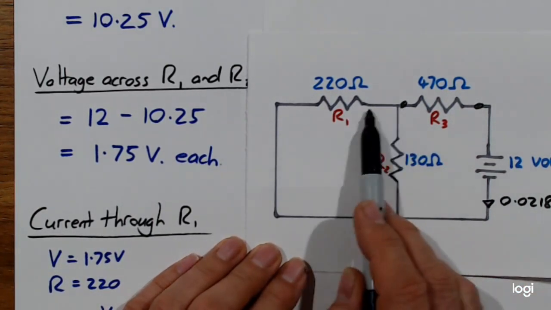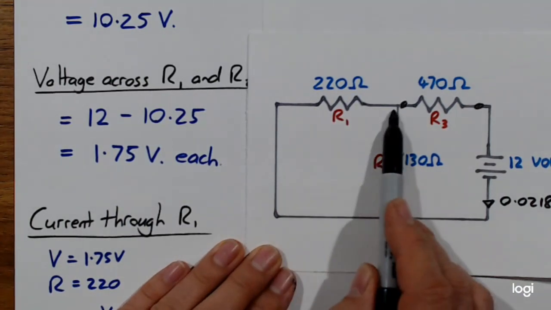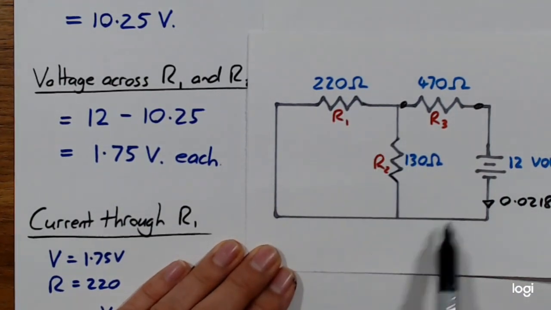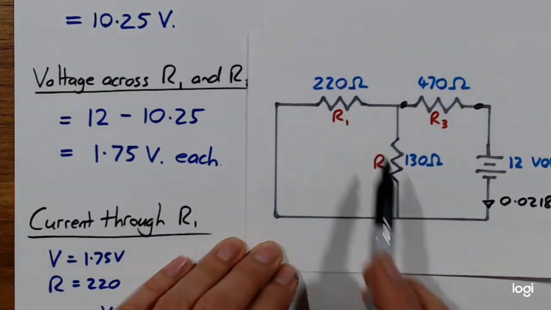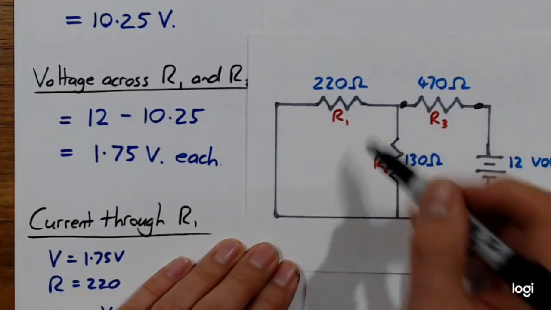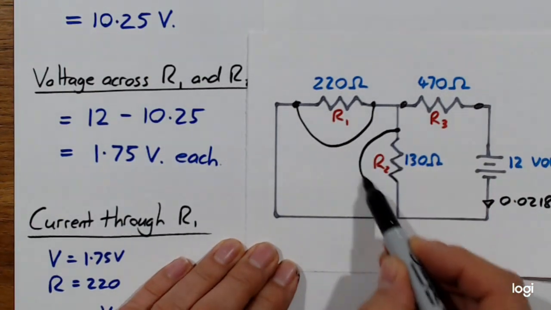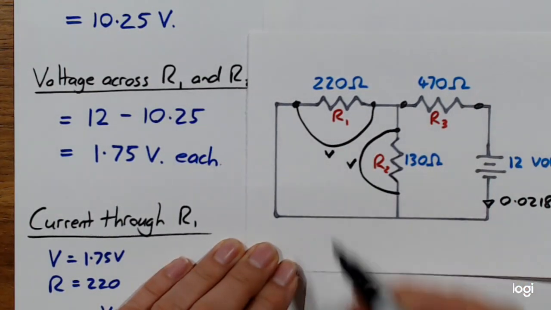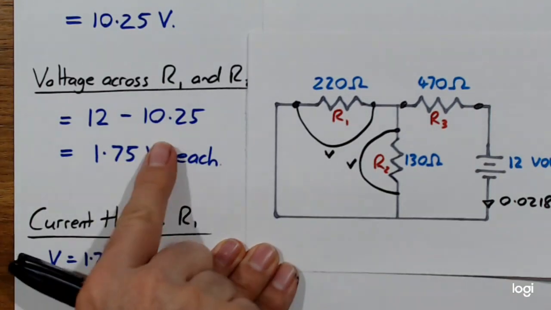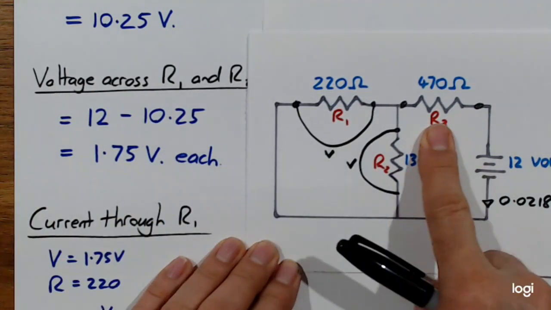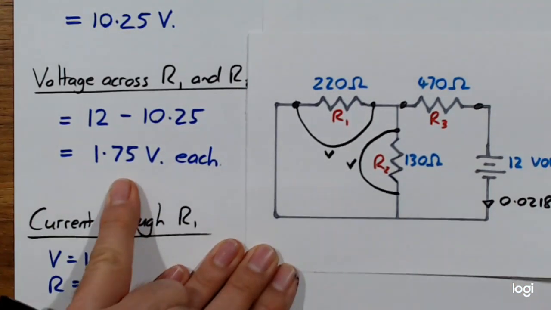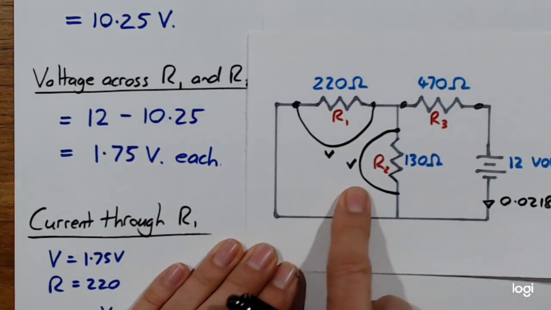And it's going to lose all of it through one resistor, because no matter which path it takes, it's only got one more resistor to go through. So the voltage across that resistor or the voltage across that resistor must be 12 minus the 10.25 that it's going to lose across this one. And that comes to 1.75. So both of those voltages are 1.75.